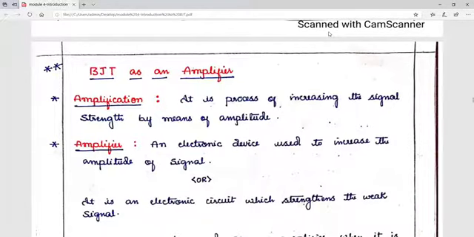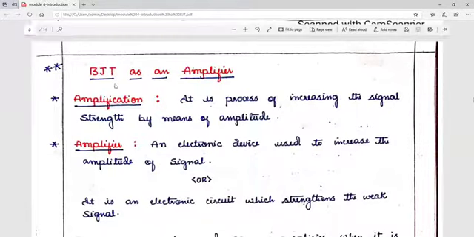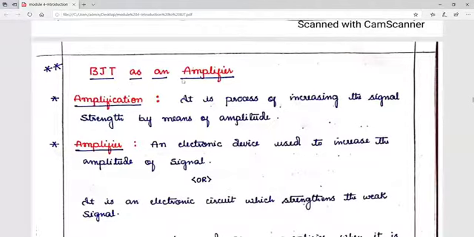So today let us see how a BJT can be used as an amplifier. Now, amplification is the process of increasing the signal strength by means of amplitude.